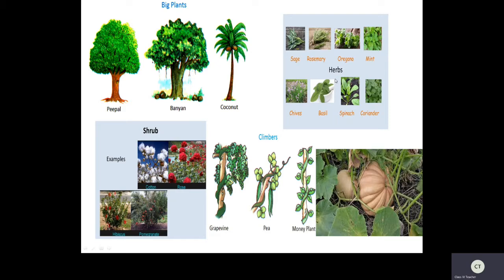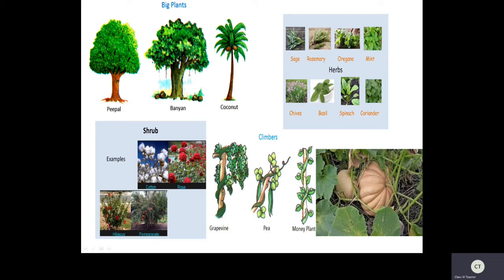Now, if you observe herbs, the stems are soft and green. Right, children? Have you all observed? Just recall the topic. Now, see the shrubs. If you see cotton, have you seen this woody stem here? Now, if you see the rose, it is green in color, but is it soft?